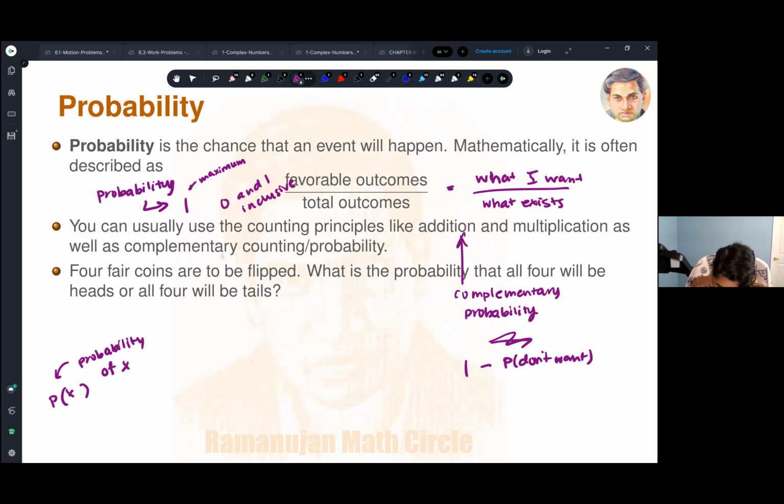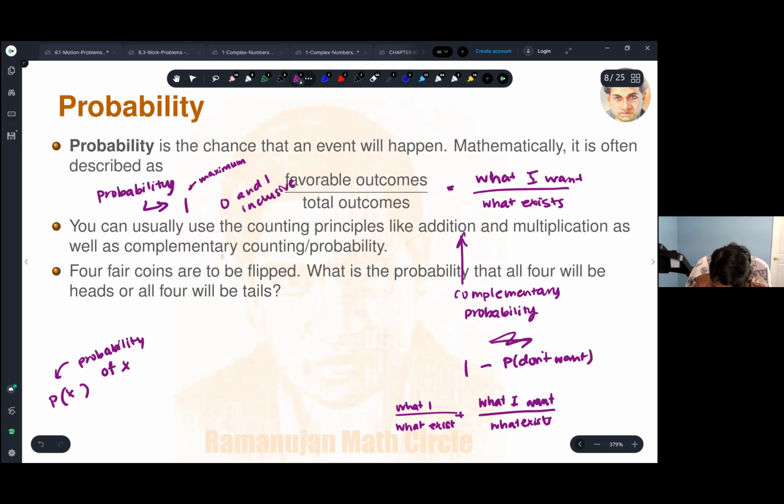And what I mean by that is, what I want divided by what exists, right? If I sum this with what I don't want, I am assuming everything is either something I want or I don't want.